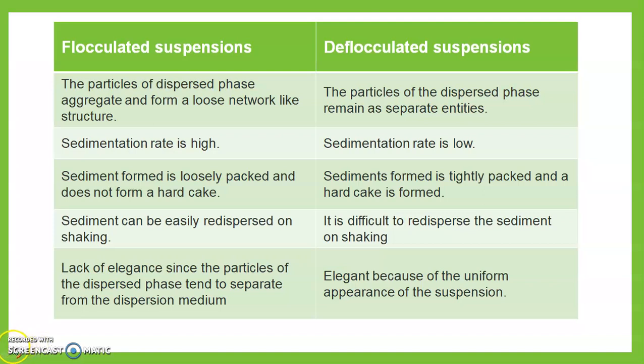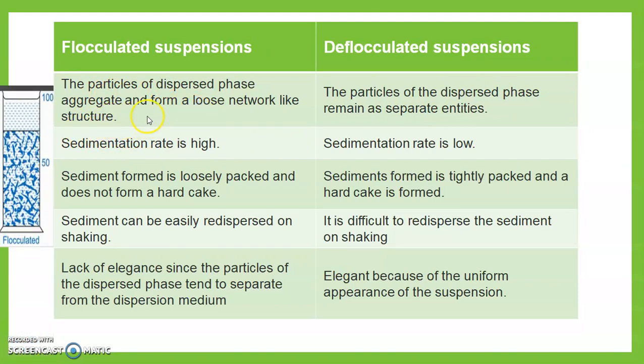Here we see the difference between them, and what is meant by each. In flocculated suspensions, the particles of the dispersed phase aggregate to form a loose network-like structure. The sedimentation rate of a flocculated suspension is very high. The sediment is loosely packed and does not form a hard cake.